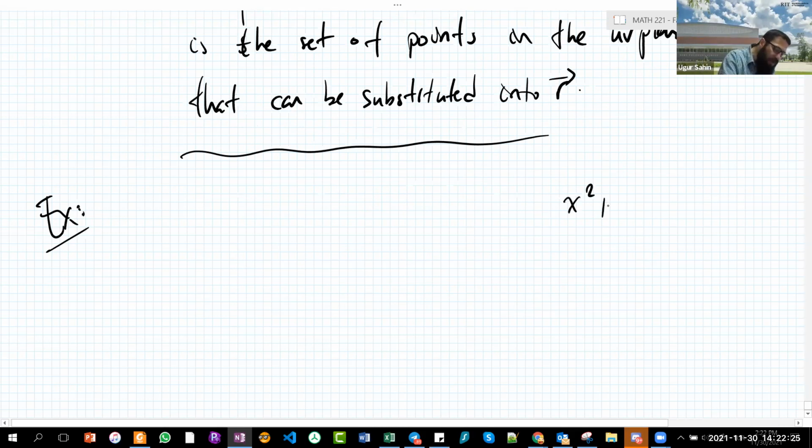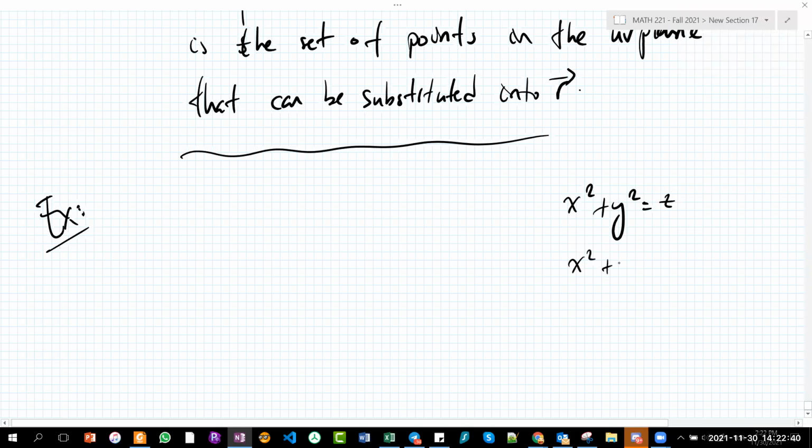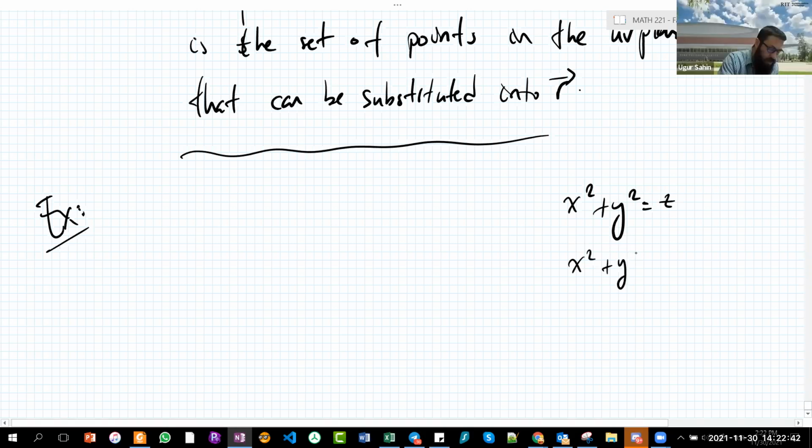I hope you still remember what this is. Is it a cylinder? Or what is this one? Do you still remember all these?